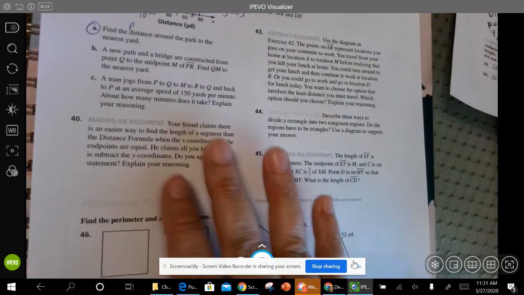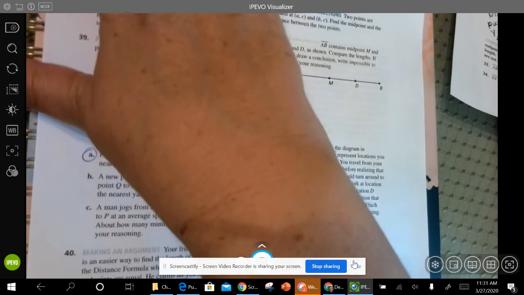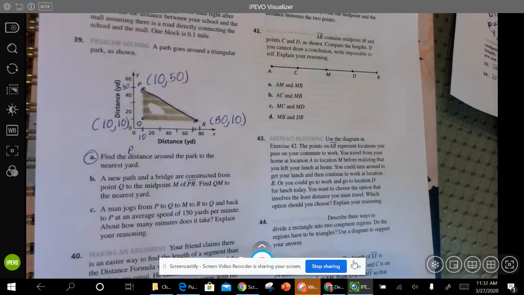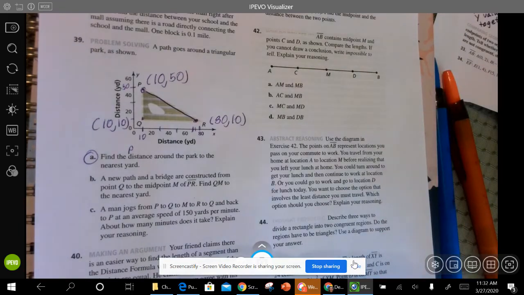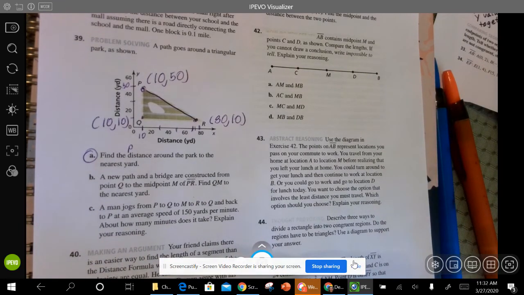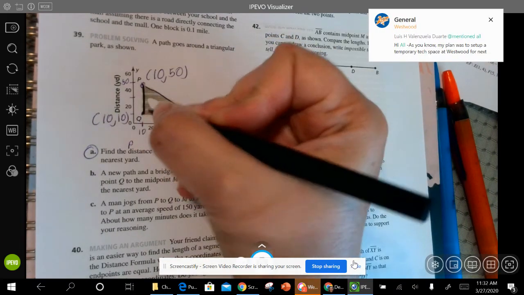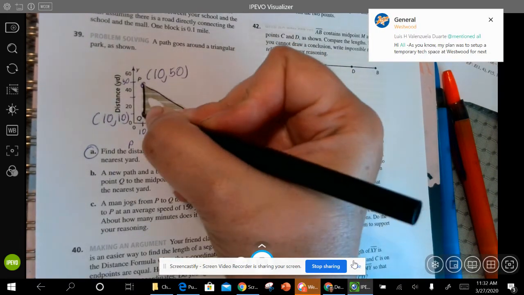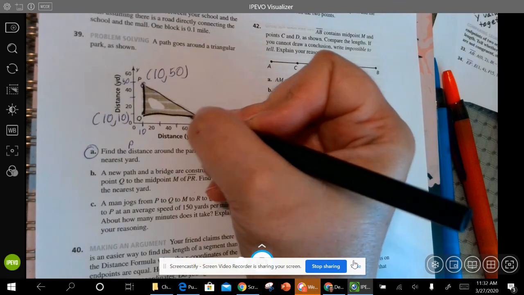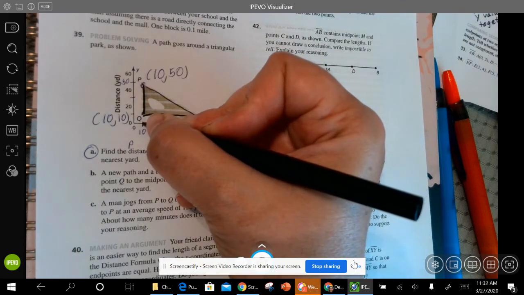Okay, so this one, let's look at the park. So let's say we're going to Pioneer Park or Riverview Park. It says find the distance around the park. Okay, so everybody, if I want to do this, remember I can use Pythagorean theorem, right? Remember, if it's horizontal, I can count it. So this would start here at 10.